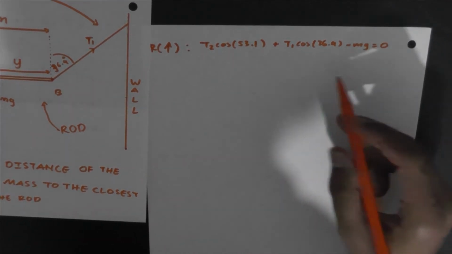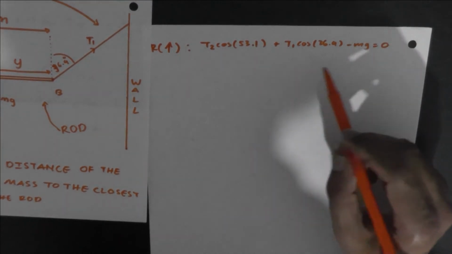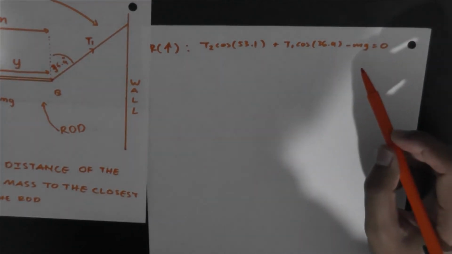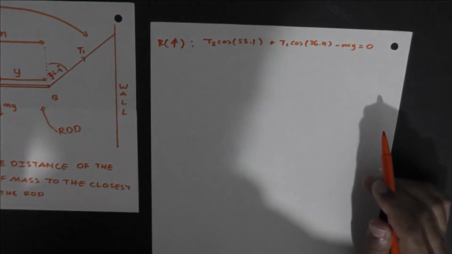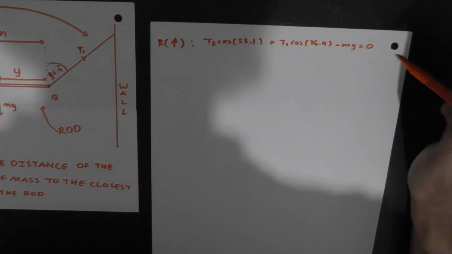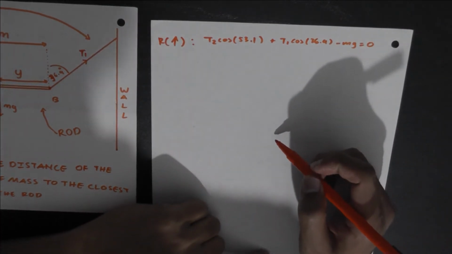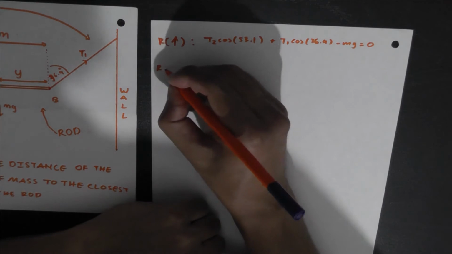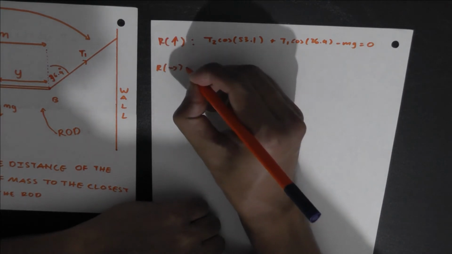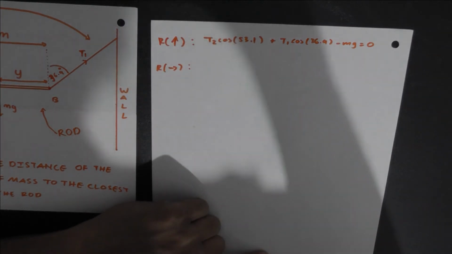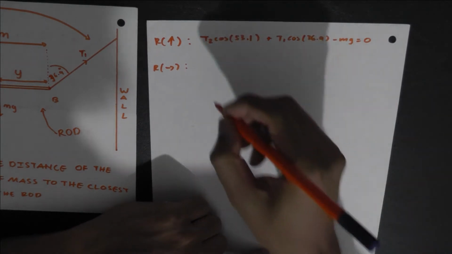We can also make that equal to mg and manipulate it later, but for the moment I'm just going to leave it alone, because it's important to resolve in both directions to avoid getting carried away with manipulating one direction when actually the other direction may be useful as well.